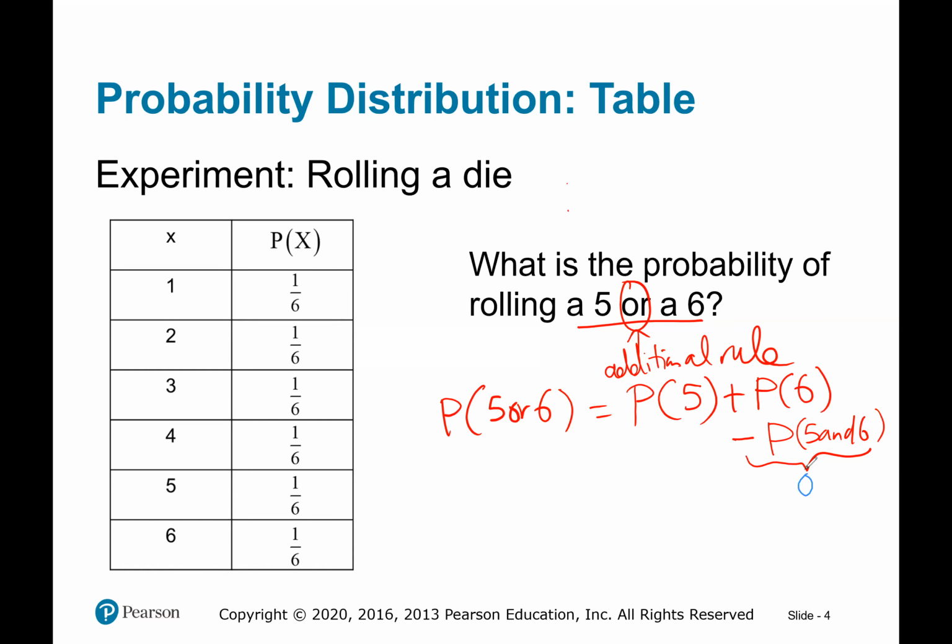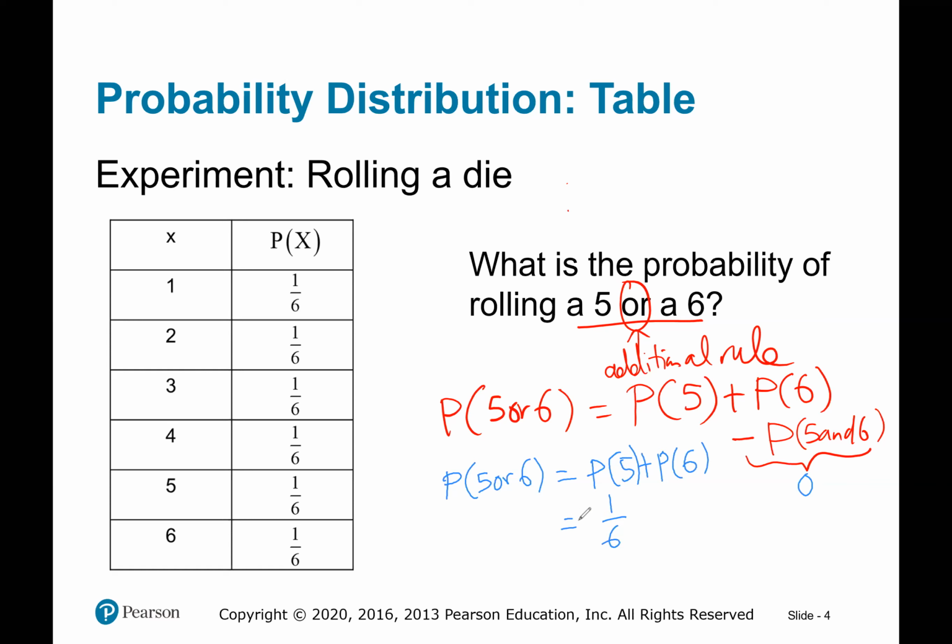Now you can easily know that the probability of 5 or 6 will be equal to the probability of 5 plus the probability of 6, and that will be 1 out of 6 plus 1 out of 6, right?